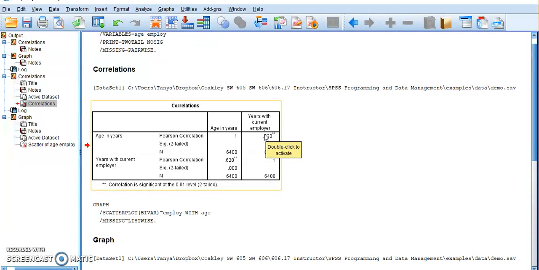So if you run your analysis between two variables and the result is r equals 0.0 something, like 0.02 or 0.01, then you can say there's essentially no relationship. Anything that begins with 0.0.